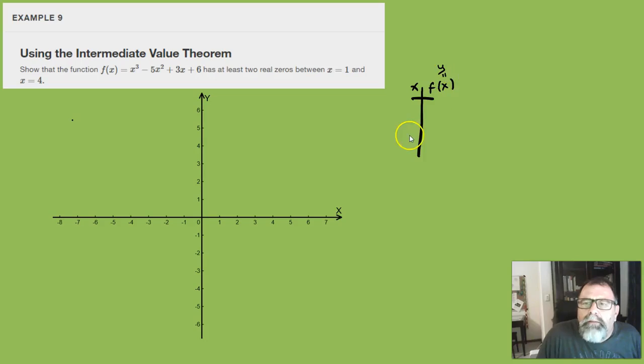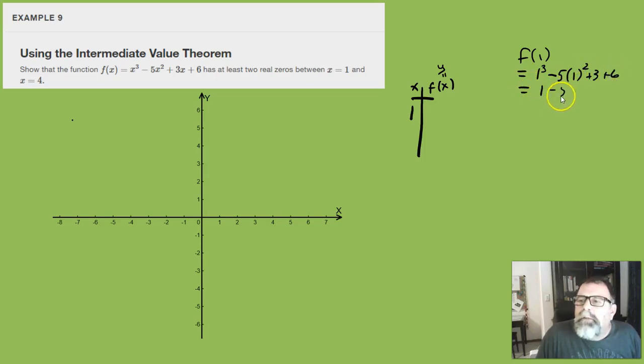Remember, that's y. So if I put in 1 into the function, f of 1 is equal to 1 cubed minus 5 times 1 squared plus 3 times 1 plus 6. I forgot the times 1, but it's still 3 plus 6. So 1 minus 5 plus 3 plus 6.